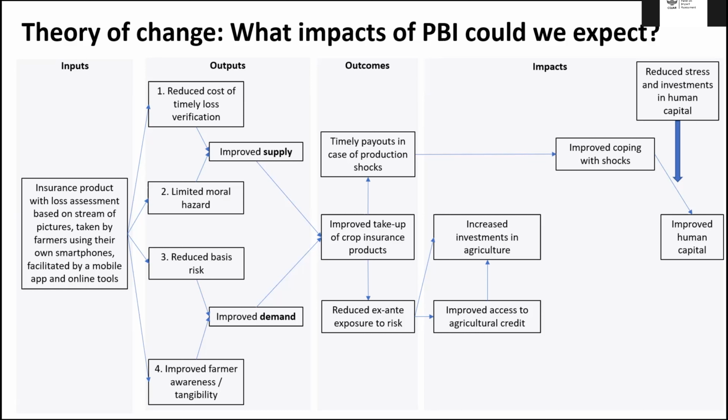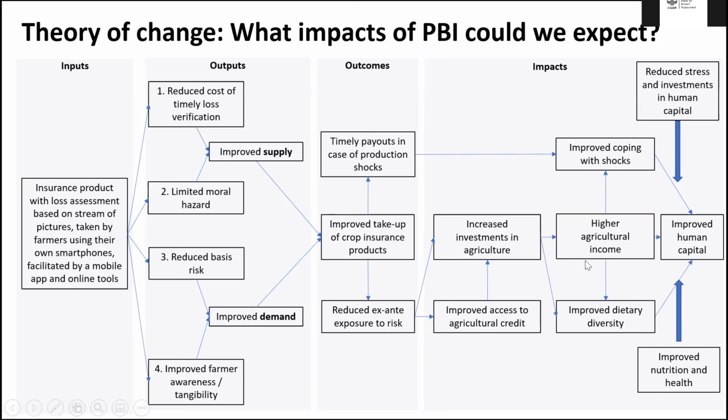But also that it is easier for them to access credit, and that on its own can improve investments. And that could result in higher incomes. And then from a human capital point of view, we would see improved dietary diversity, which as improved nutrition and health might again improve human capital in the long run at the household level. So that was our broader theory of change as we started this out.